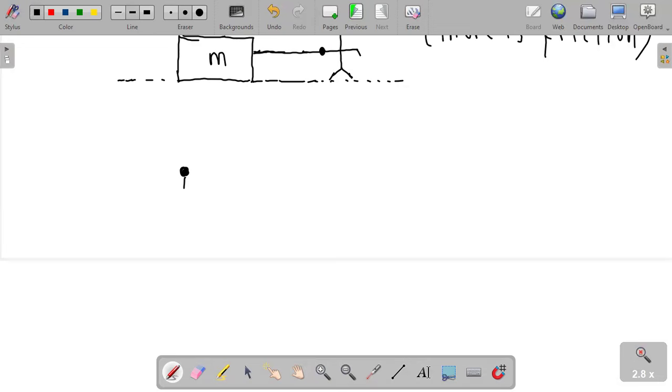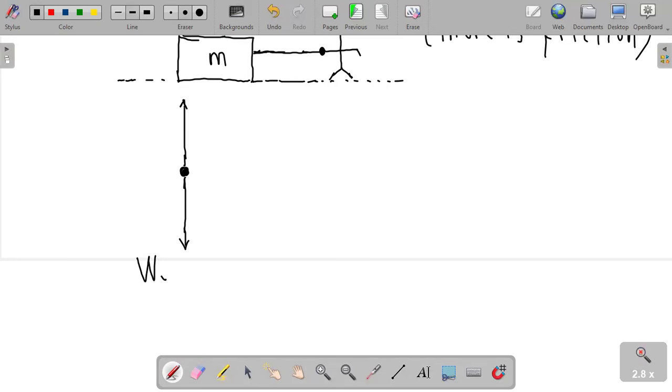So we have the weight, and then we have the normal force. So the surface is horizontal here. So the normal force is perpendicular, meaning it goes directly away like that. And then this is the weight here.